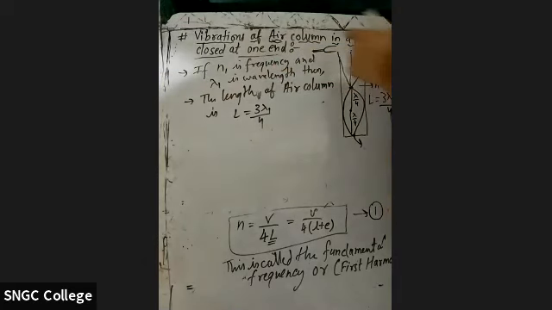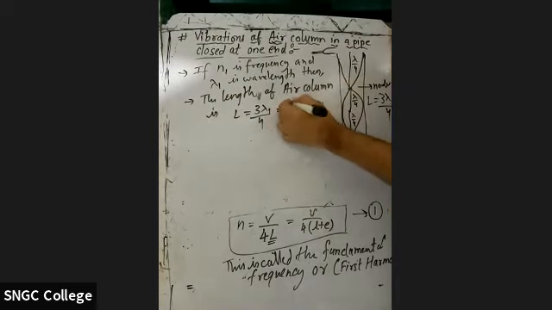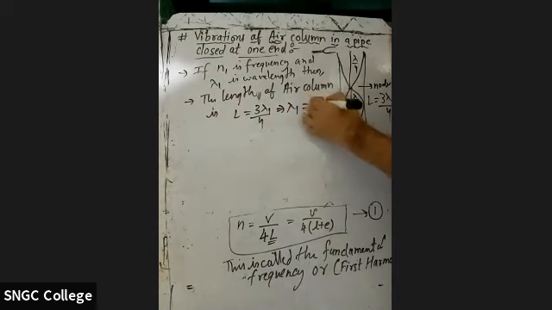So here frequency and wavelength both will be different for generating this two node antinode system.